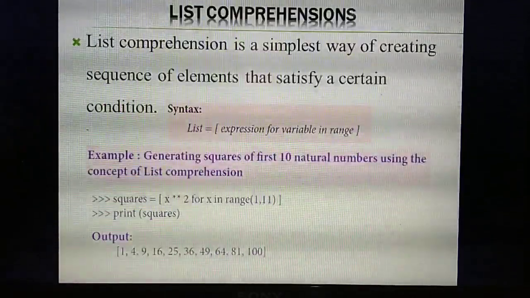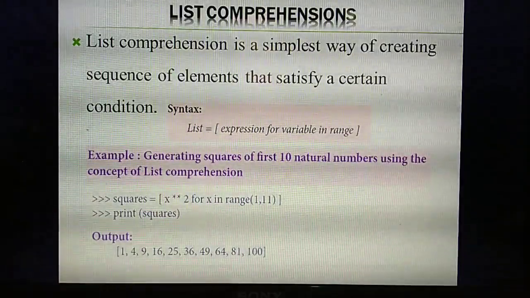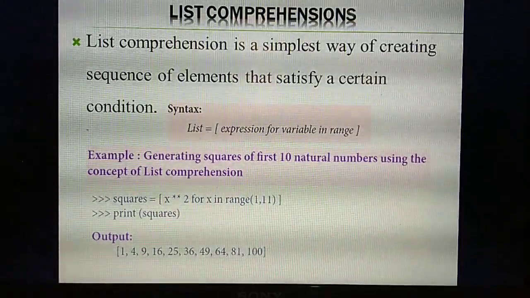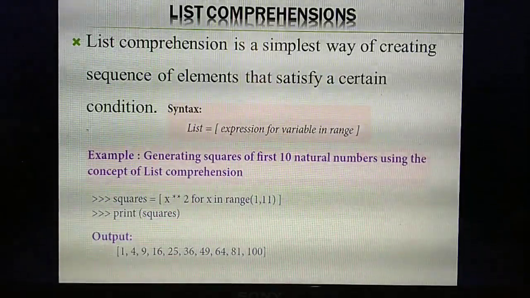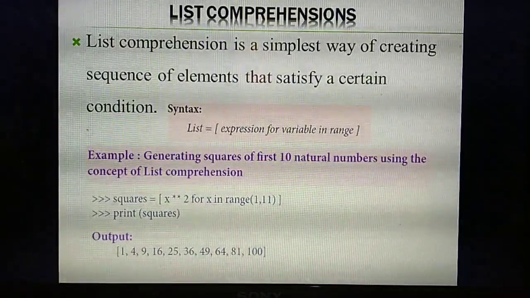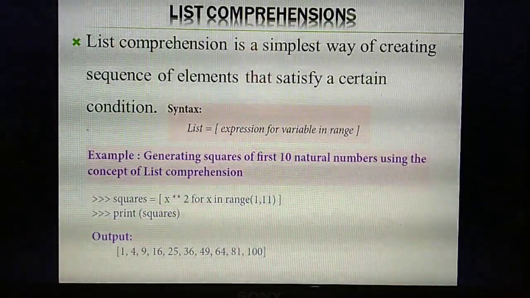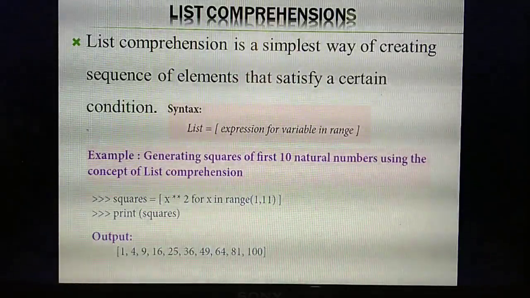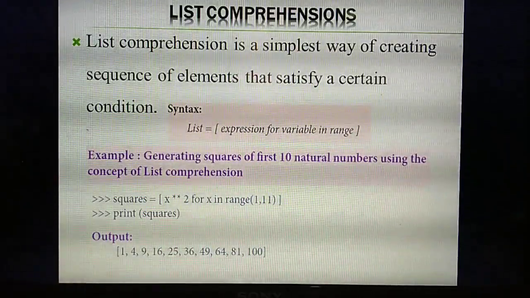Understand? So the next thing is list comprehension. List comprehension means, the same as you have studied in range function, inside the list you are giving the range function, but along with it you are giving an expression. That is called list comprehension.